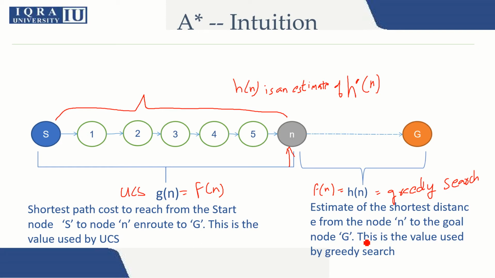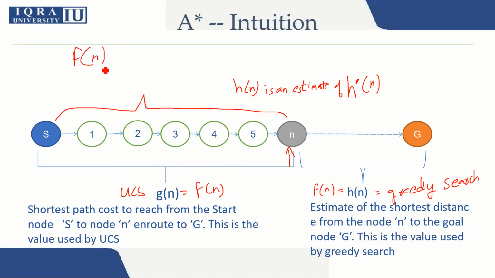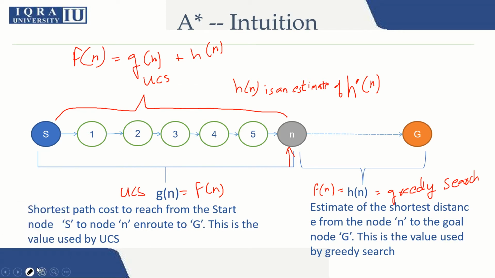Now our total cost f of n, the cost of going from S to G in which n is the intermediate node, is equivalent to g of n plus h star of n. We know g of n, which is used by UCS, and we do not know h star of n, so we are using h of n, which is an estimate of h star of n, and this is used by greedy search.